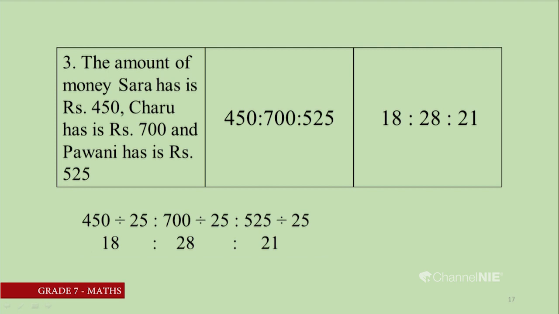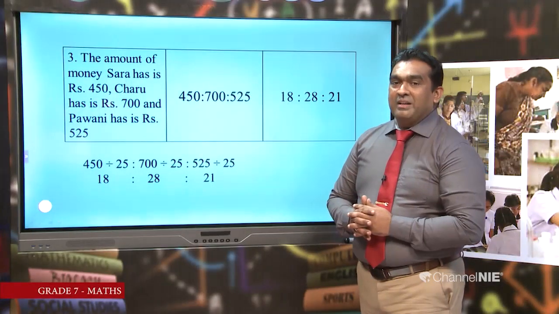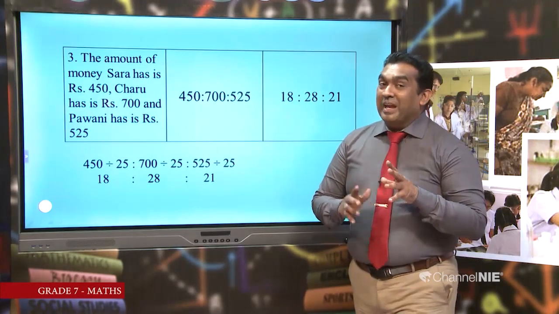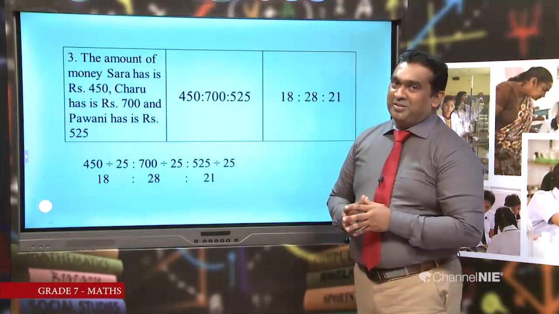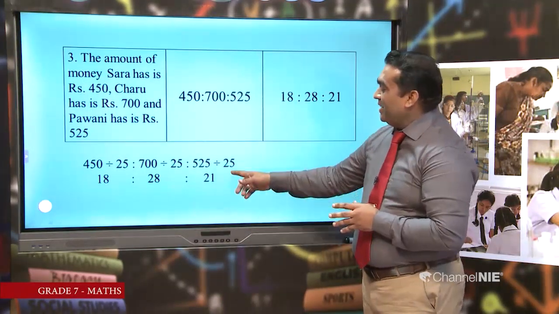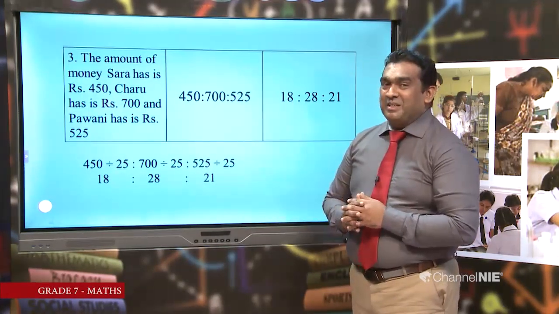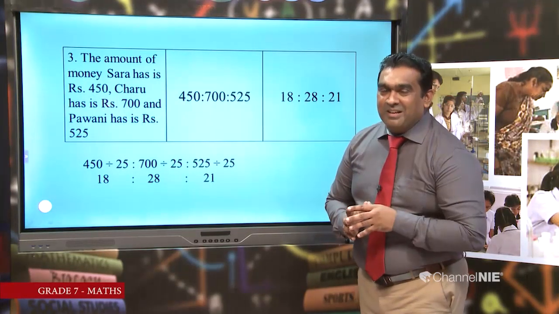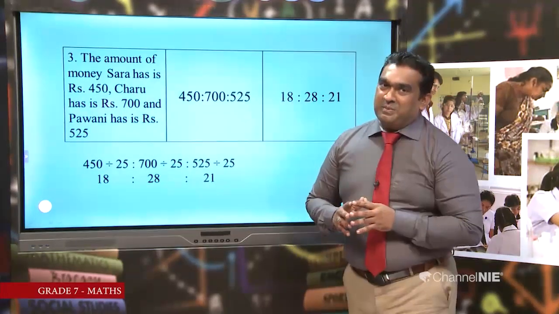Here you have 18, 28 and 21. Do you have any common numbers to divide? No. 18, 28, 21. Here the case is 28. If you had 27, no problem, you could divide, right? Because of 28, we have to stop the division.